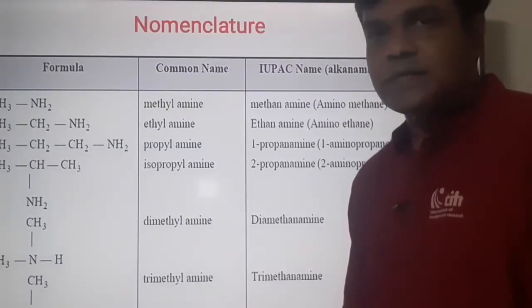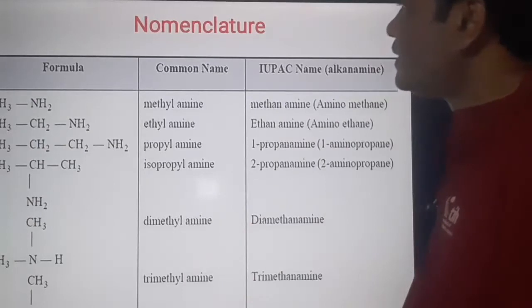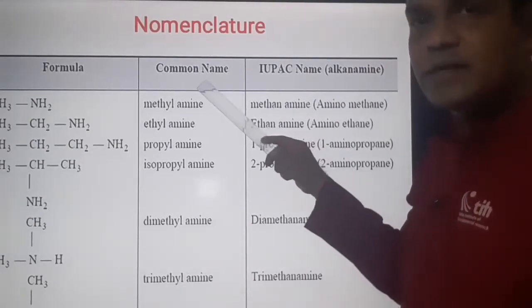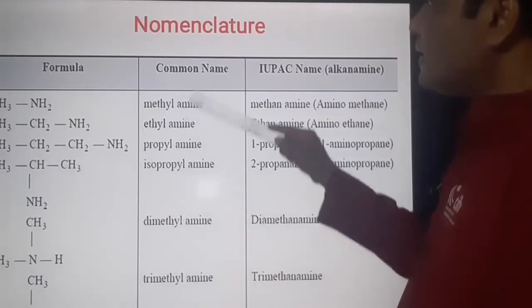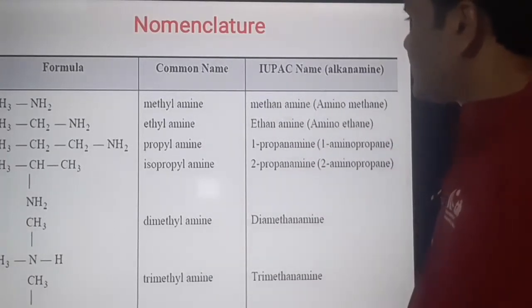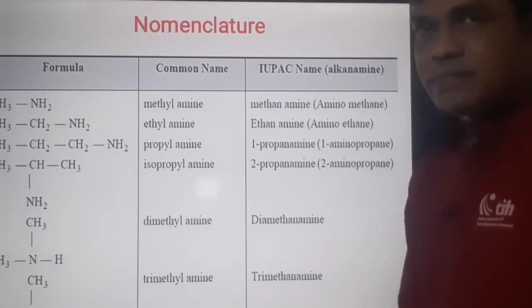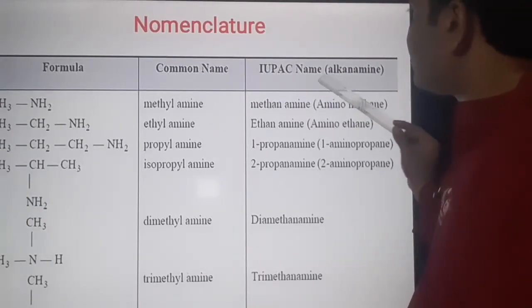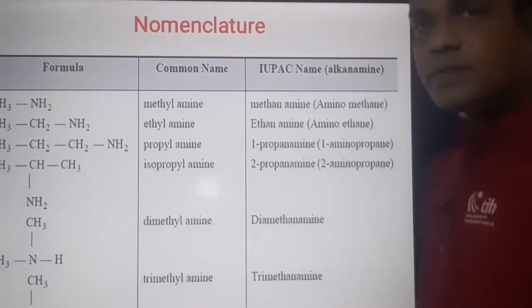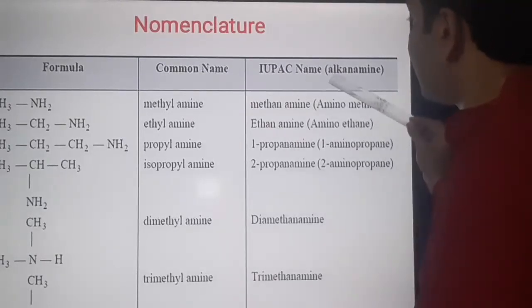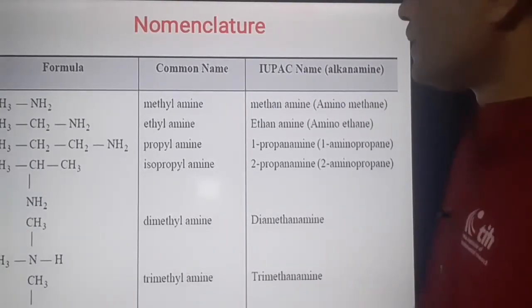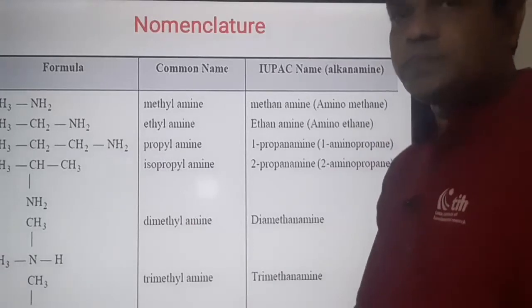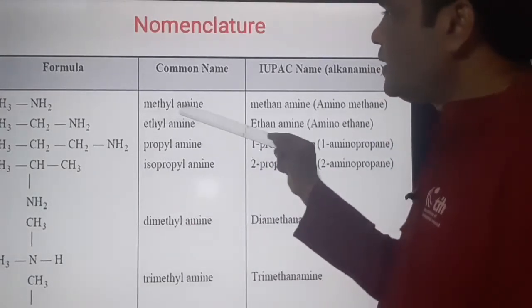Now see the nomenclature. There are two methods of nomenclature, as you know, common nomenclature and IUPAC nomenclature. In IUPAC nomenclature, let me tell you how to write the nomenclature. You have to treat this as a derivative of alkane, and you have to give the nomenclature as an alkanamine. Let us see by taking the example. CH3NH2, methylamine.